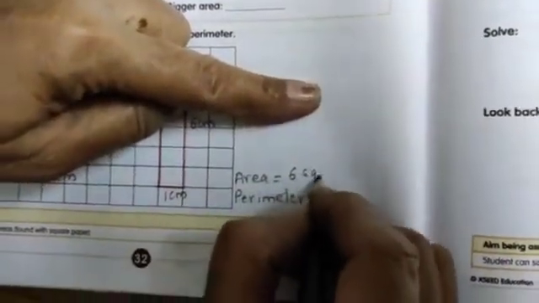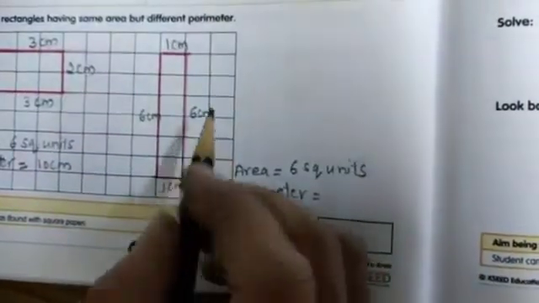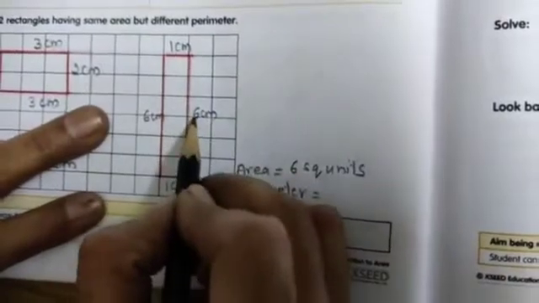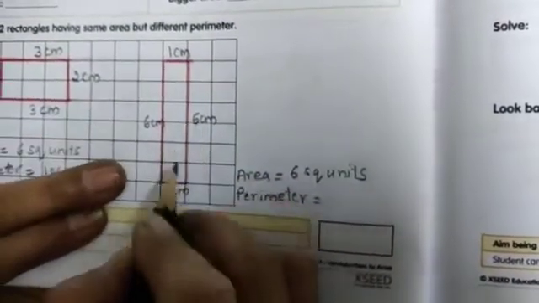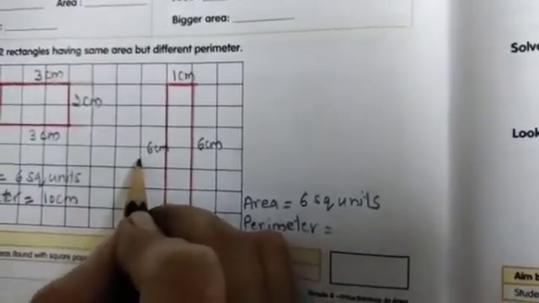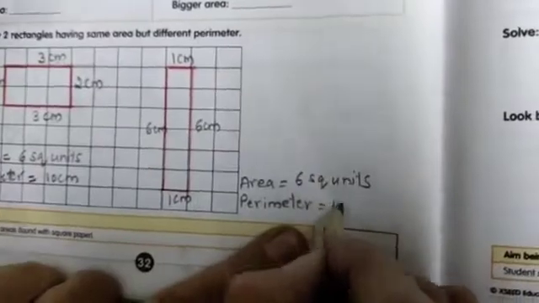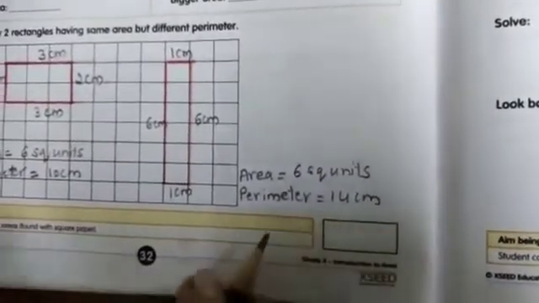Now find the other shape's area. 1, 2, 3, 4, 5, 6. 6 square units. Perimeter is 1 plus 6 is 7, 7 plus 1 is 8, 8 plus 6 is 14. 14 centimeters.